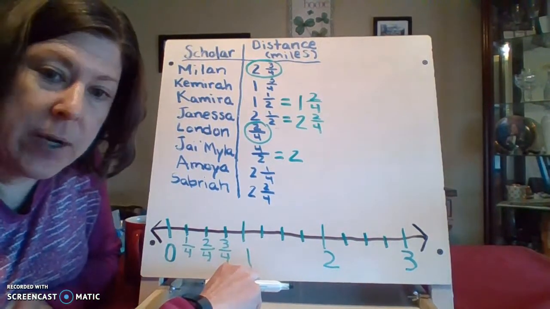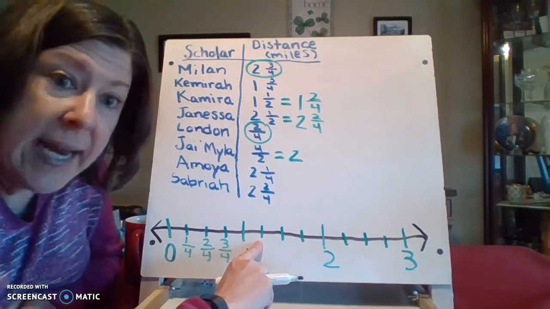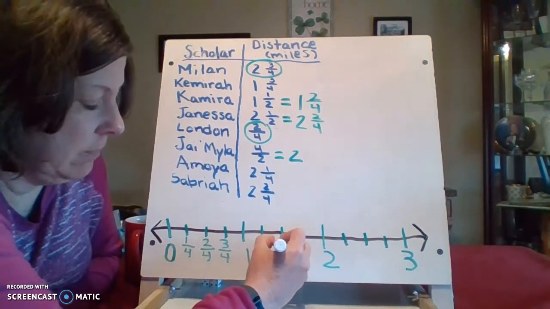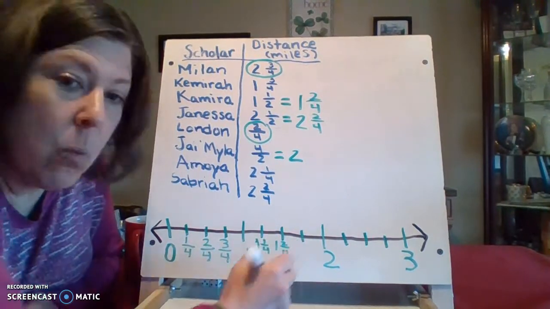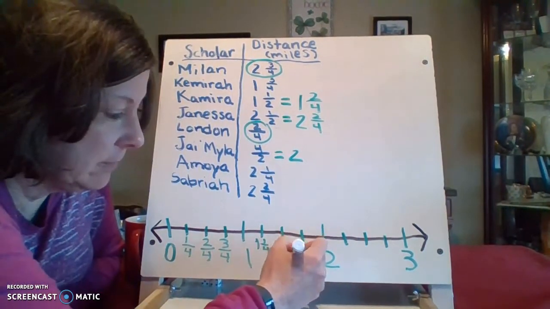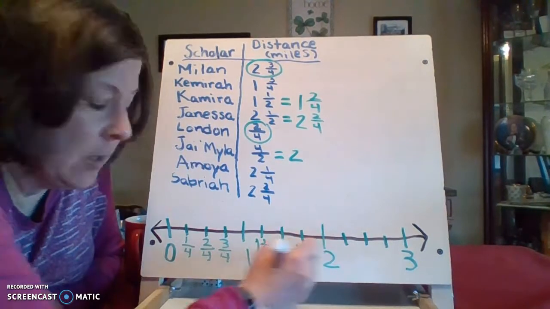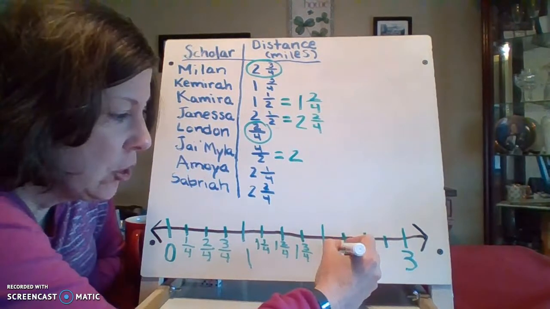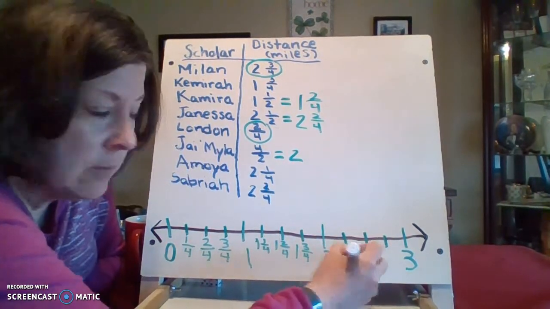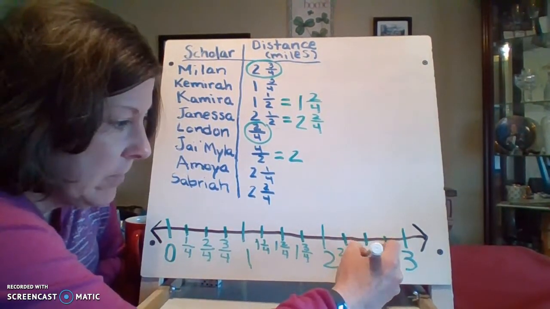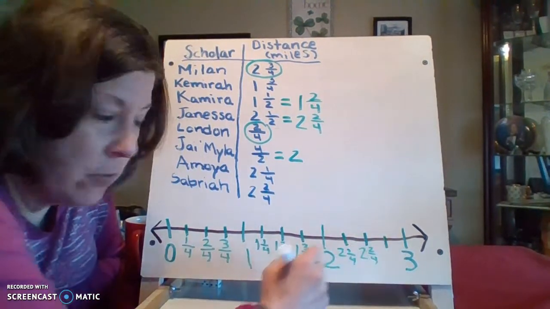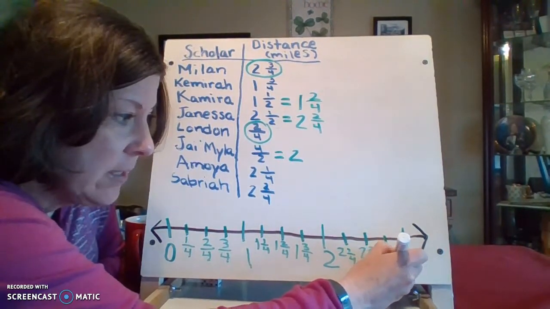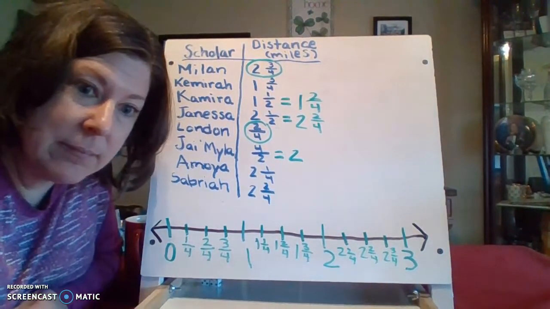So here I have 1 whole. Well, that makes this 1 and 1/4, 1 and 2/4, 1 and 3/4, 2, 2 and 1/4, 2 and 2/4, 2 and 3/4, 3.